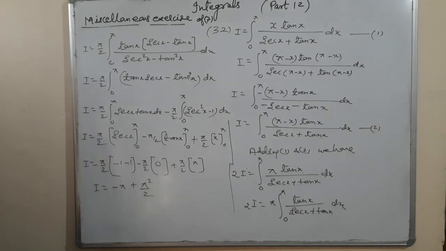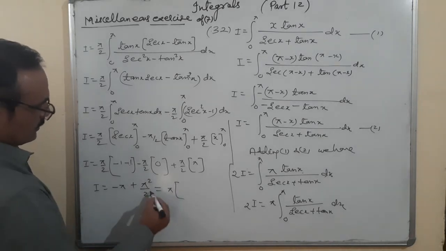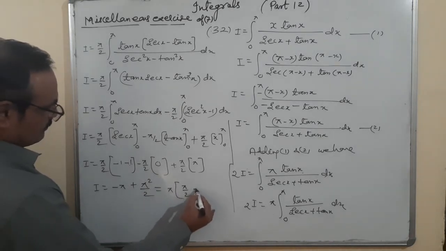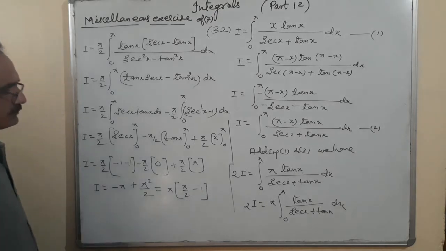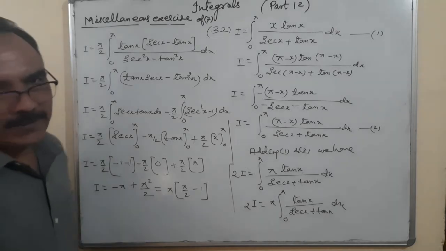Okay, minus pi plus pi square by 2. So when I take pi common, pi by 2 minus 1.